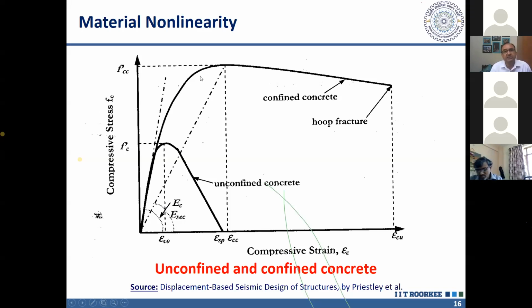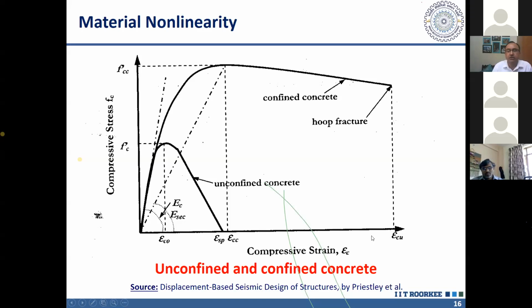In that case, the strength as well as ductility increases. But still, this is much less than that of steel. The maximum we can go is something like 2% to 3%. Usually we limit it up to 2%. Compared to steel, which has 25% ultimate strain, this is also much less, but it is much larger than unconfined concrete.